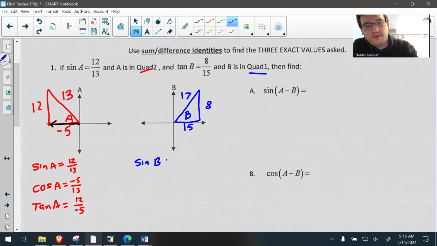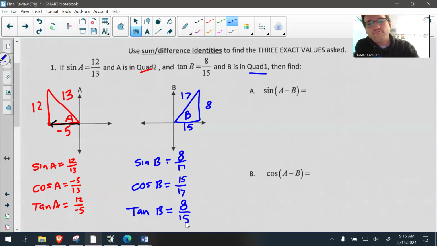The sine of B is equal to the opposite over hypotenuse, so 8 over 17. The cosine of B is equal to 15 over 17. And the tangent of B is equal to 8 over 15, which was given to us.